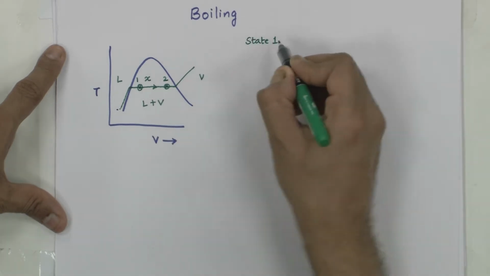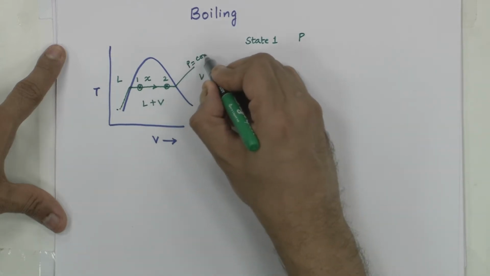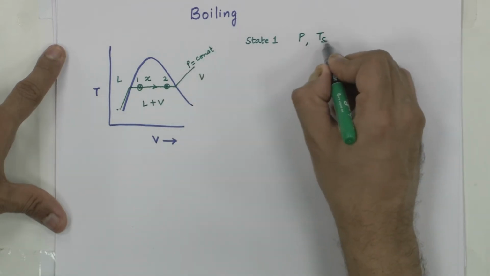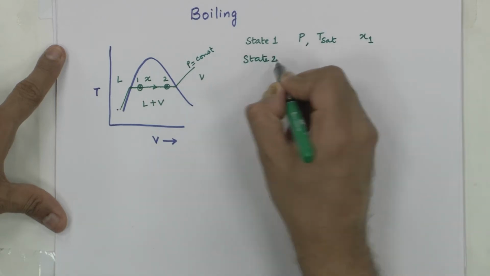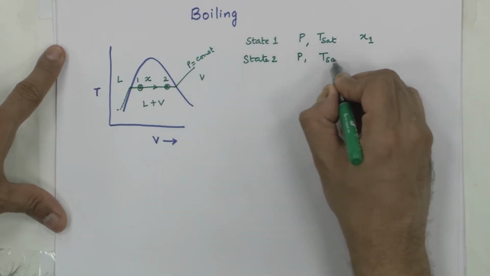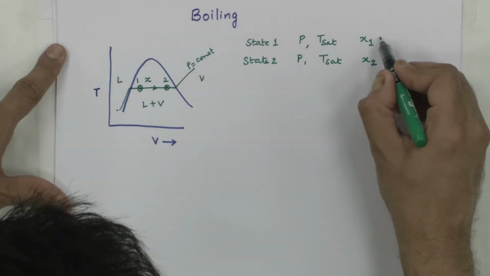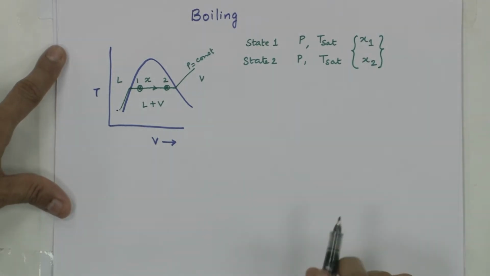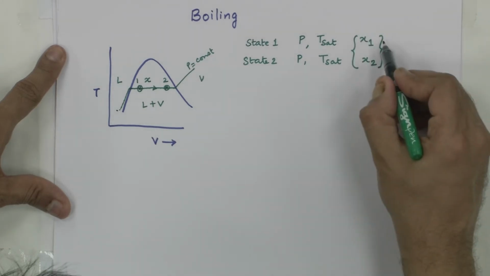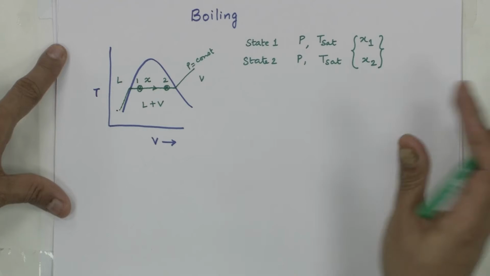State 1 is at P equal to constant, P and T sat, x1. State 2 on the other hand is also at P, T sat, but thermodynamic quality x2. The difference in these thermodynamic quality values makes these two states unique, and the amount of heat added between state 1 and state 2 is responsible for conversion of that much amount of liquid to vapor.